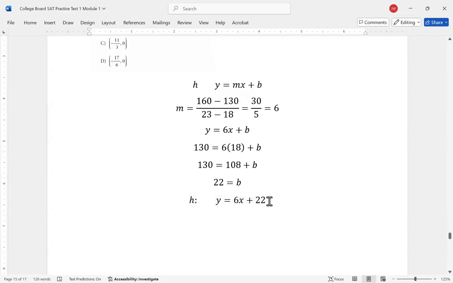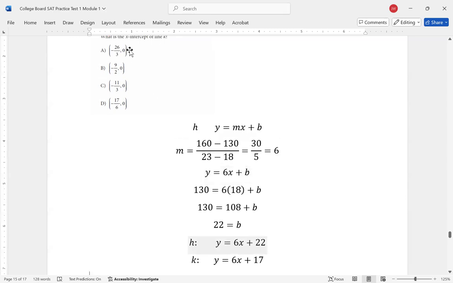I think it's a little bit easier to subtract 5 from the right-hand side. So line K, I'll write it as lowercase, is y equals 6x plus, well, when I translate down 5, subtract 5 from 22, I end up with 17. So y equals 6x plus 17 is the line K that we're examining.